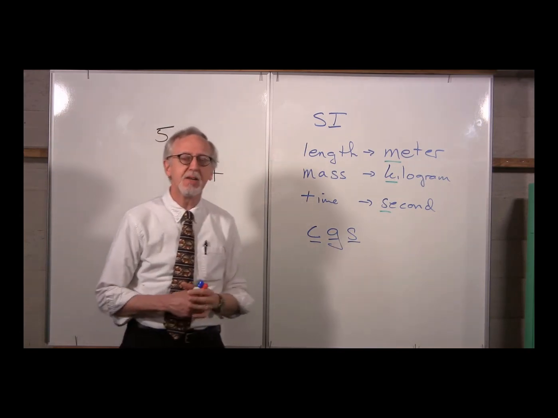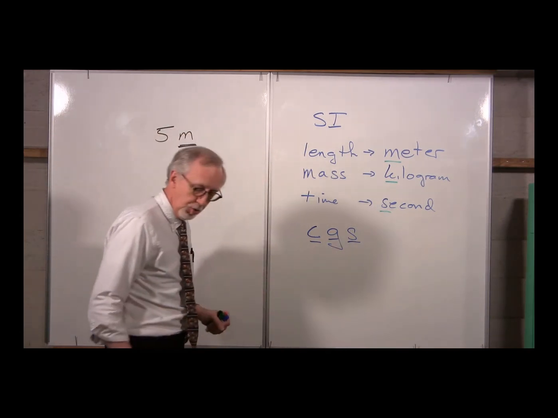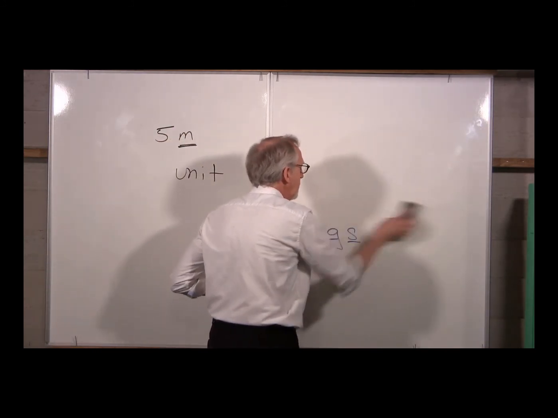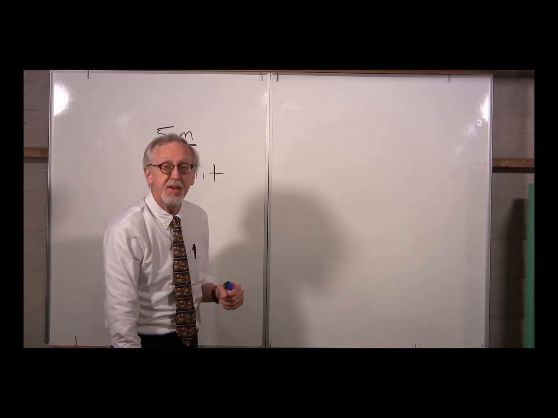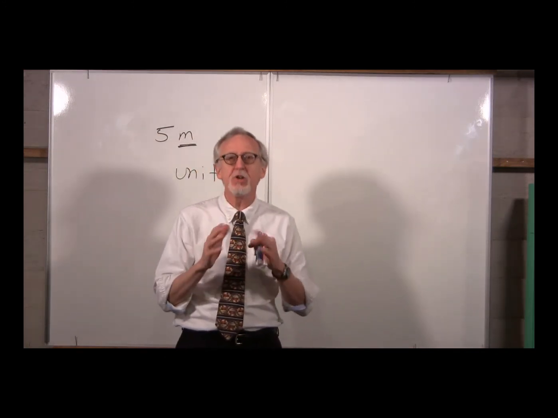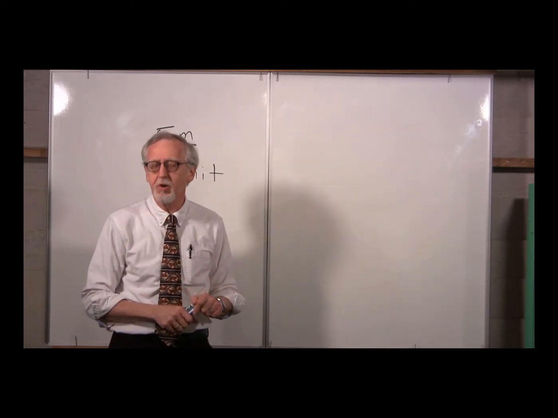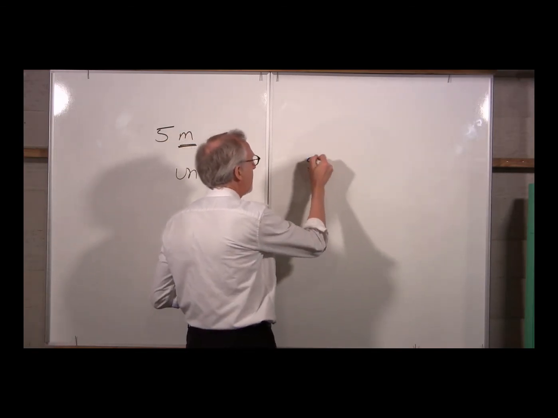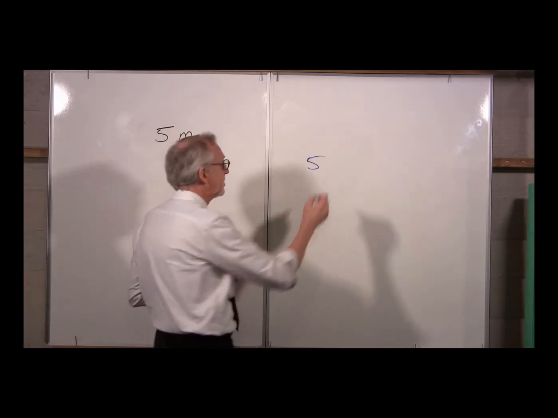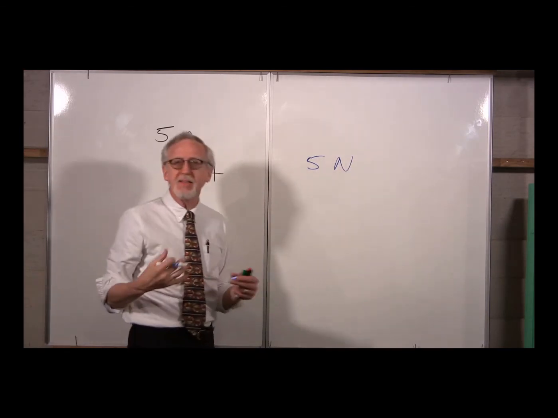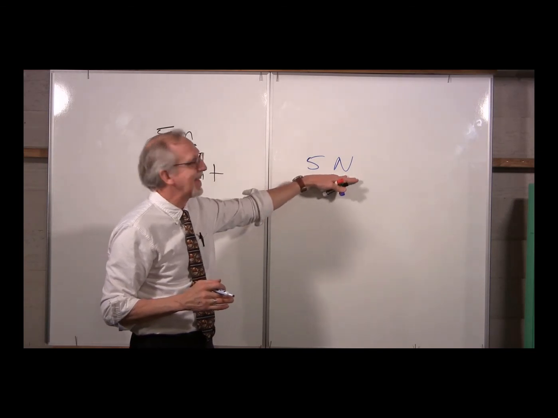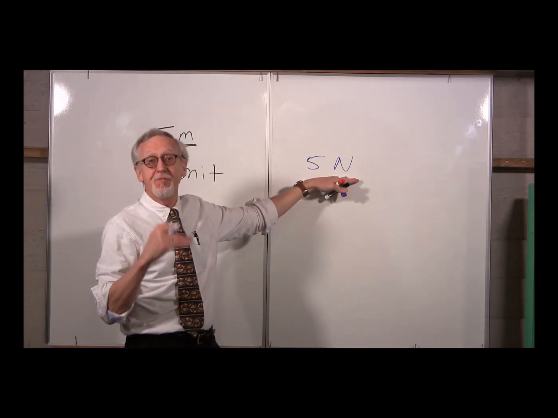And I want to emphasize that any time you write a unit for a quantity, always make sure it is in a form of that standard unit for that quantity. So, for example, if you want to talk about a force, 5, what are the units of force? Newtons. Do not write the unit as a kilogram meter per second squared. Always write that standard unit in the form of a Newton.